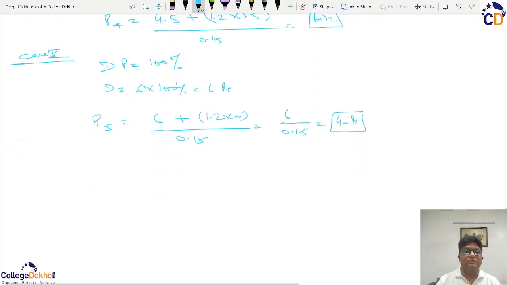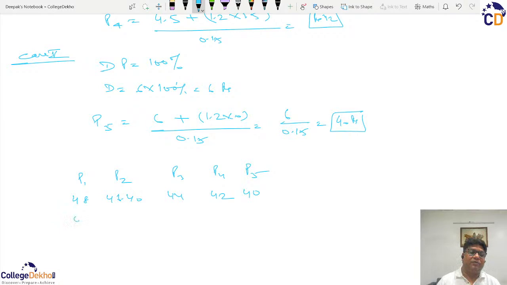So now you see that we have calculated P1, P2, P3, P4 and P5. It was 48 rupees, 46.40 rupees, 44, 42, 40. The DP ratio was 0%, 20%, 50%, 75% and 100%.